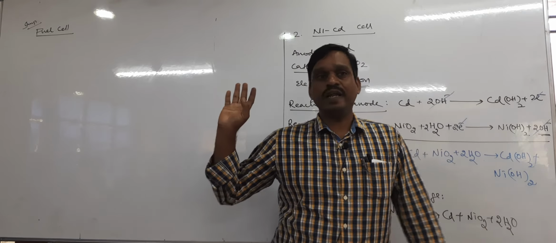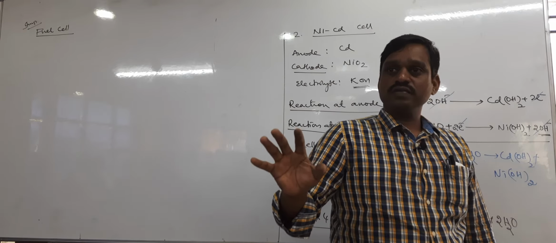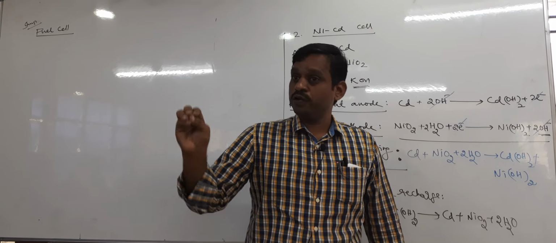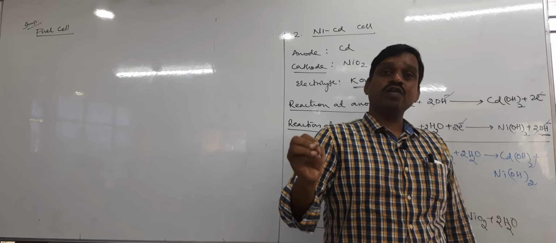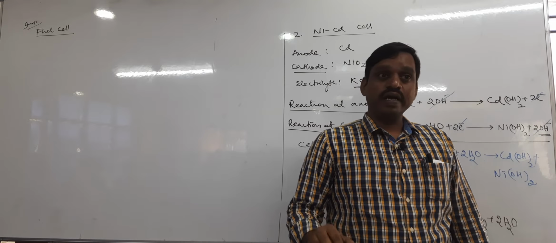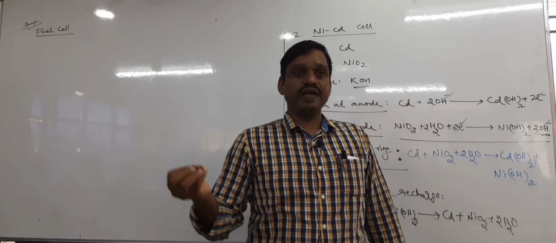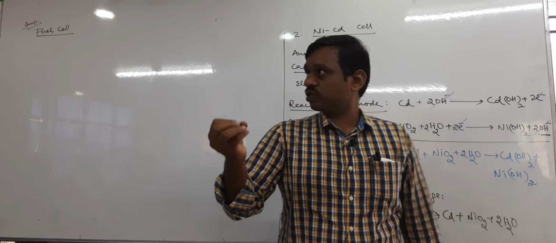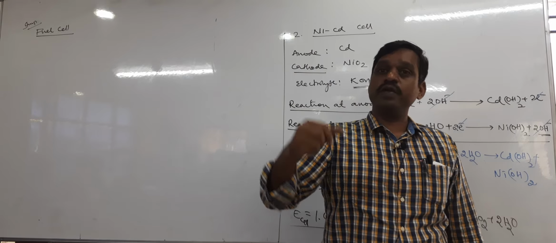Next is the fuel cell. So what are fuel cells? Fuel cells are cells which are used to produce electric current by the combustion of fuels. By the combustion of fuels, electric current will be generated. Such kinds of cells are called fuel cells. So what fuels can be used?